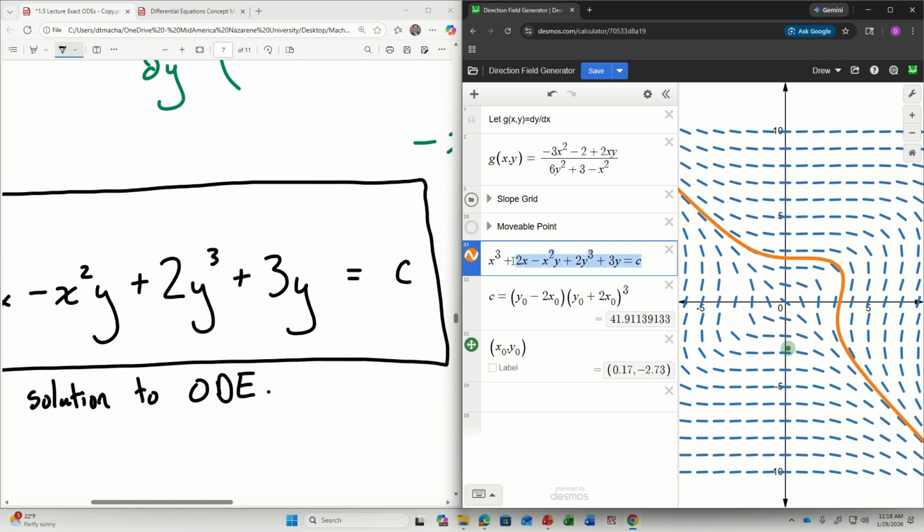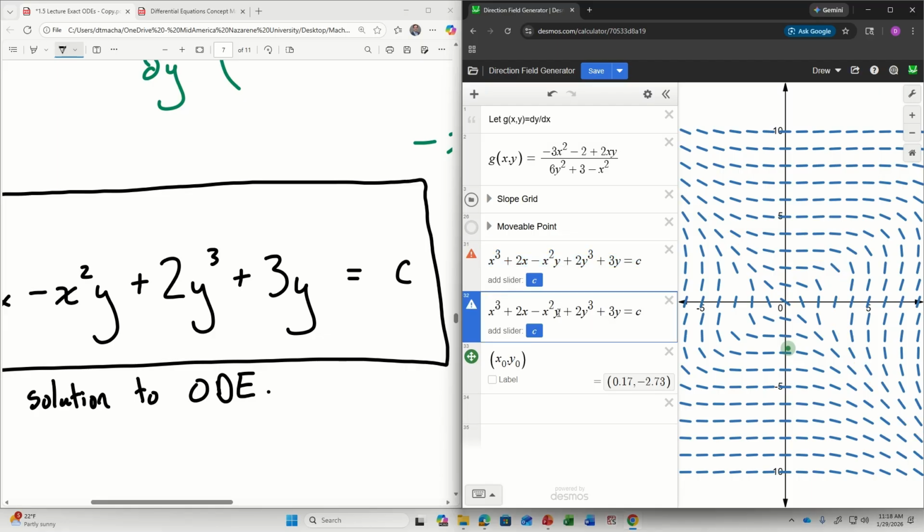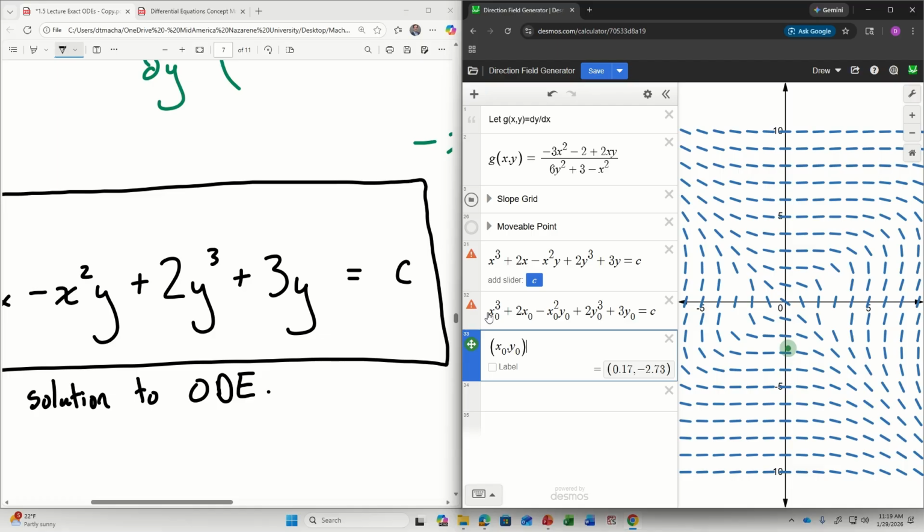And then to solve the initial value problem, I've already got this explicitly in terms of stuff equals c. I just have to turn all of these x's into x zeros for my initial value, and all my y's into y zeros. And I might also have to write it in Desmos as c equals.